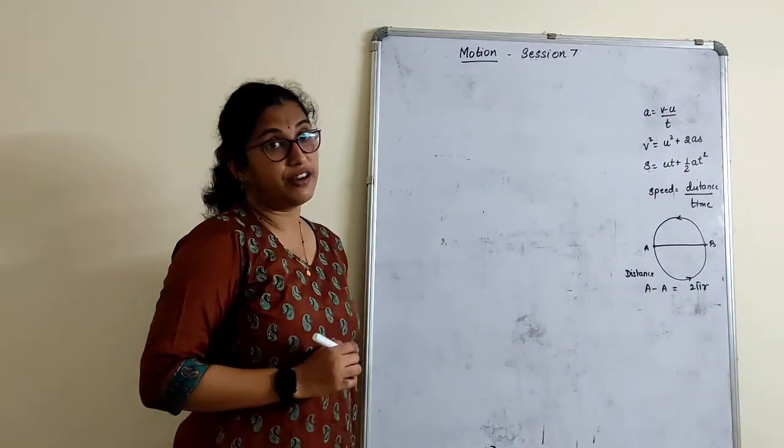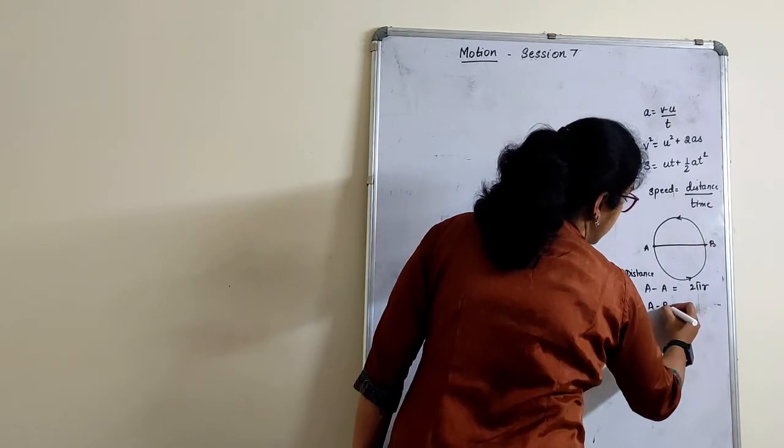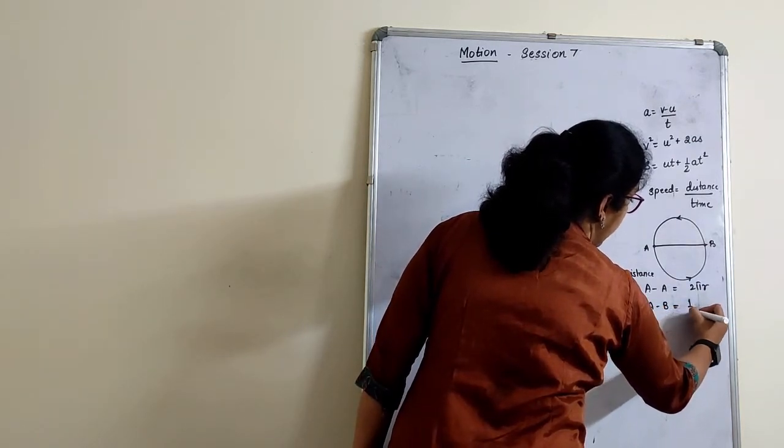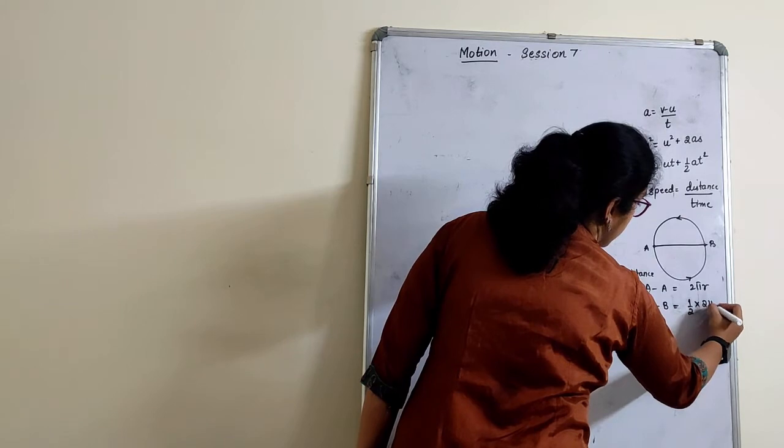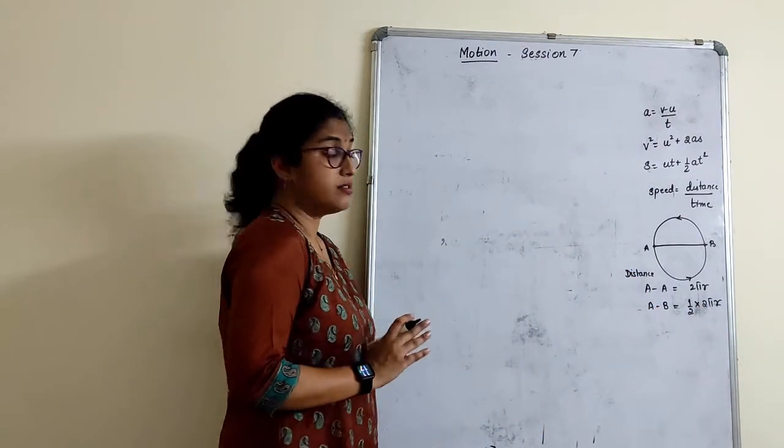From A to A if it has to travel. If it has to go from A to B, then it is half the circumference of the circle, right? That is what we know. This much we know for distance traveled.